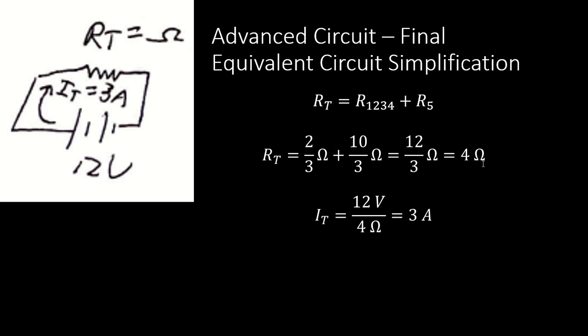Now then, to determine the total current flowing through our system, i.e. the current that has to be leaving our power supply and entering our power supply by the end, that will be our total equivalent battery supply, which we determined was 12 volts, divided by our total equivalent resistance, which is 4 ohms, or 3 amps. So we know that 3 amps is flowing through any particular single path.